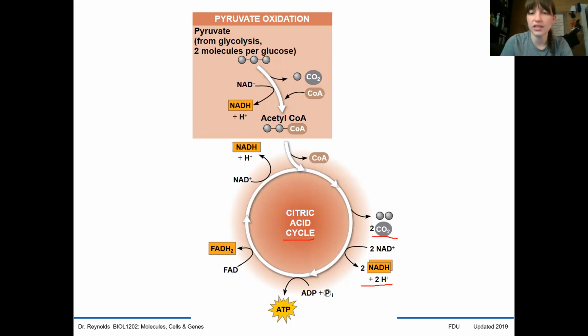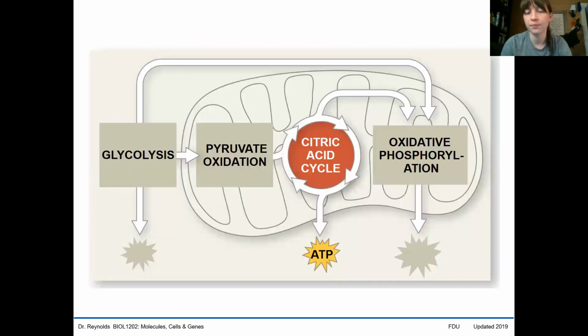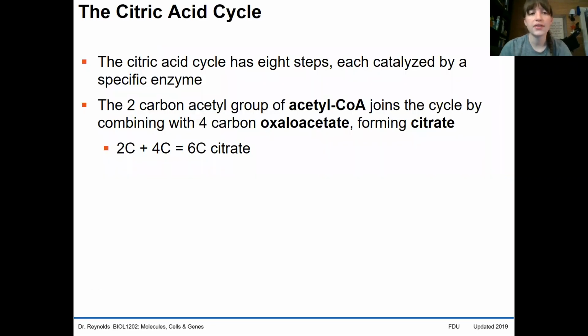And so we're going to systematically break down this product by extracting an ATP, FADH2, and a final molecule of NADH before we can actually begin the process again. So there is a little bit of ATP which is going to be produced here by substrate level phosphorylation. Now the citric acid cycle has 8 steps.